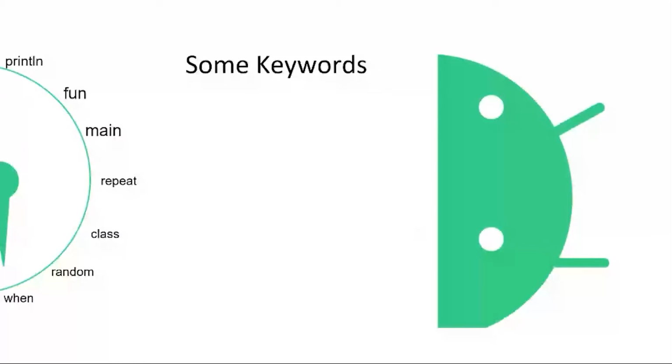So let me show you something. Go to this link, I'm sharing it in the chat box now. This is where you can play with Kotlin. This is called Kotlin Playground, and this is where you can keep practicing your Kotlin code. And this is where I'll be teaching Kotlin.